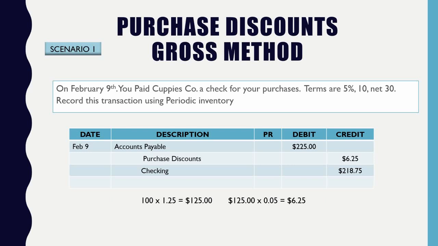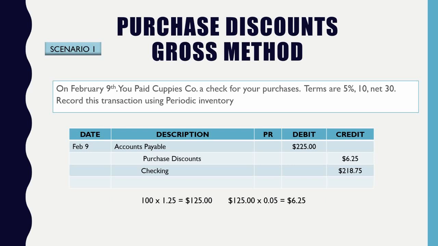Because we have a purchase expense going on, this is where you're going to learn that a purchase discount is a contra account. It's going to flow in the opposite direction because you're discounting your purchase expense.